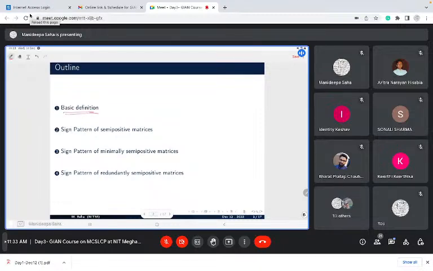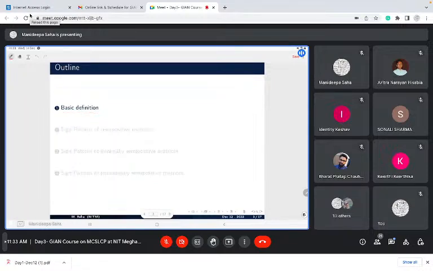What is a sign pattern? How is it defined? Then in particular we'll discuss the sign pattern of semi-positive matrices, then sign patterns of minimally semi-positive matrices and redundantly semi-positive matrices. So these are the three cases that we are going to consider.